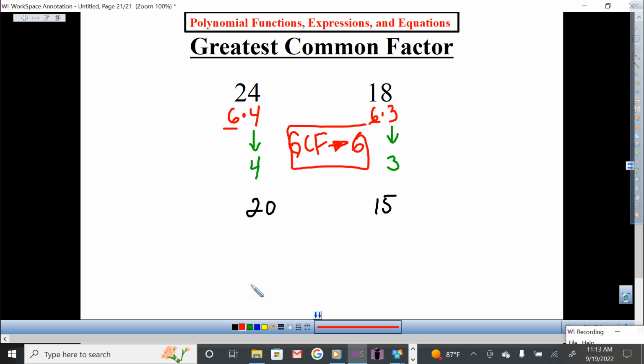Everyone, GCF is 5. So how do I rewrite 20? 5 times 4, and this one, 5 times 3. So my GCF is 5. What's left over on this side? 4, and on this side, 3. Are we there so far?